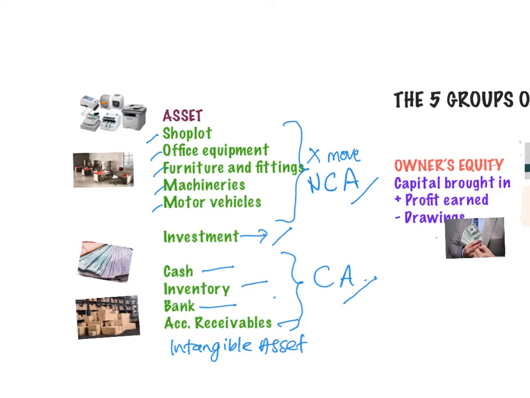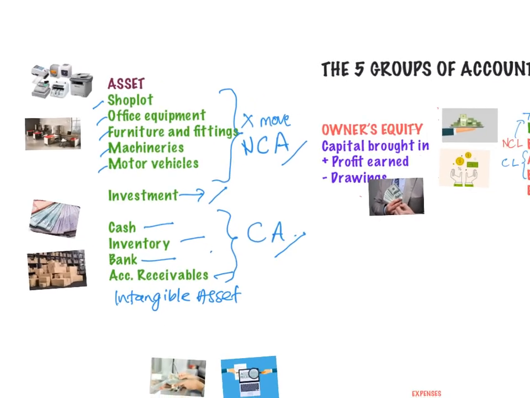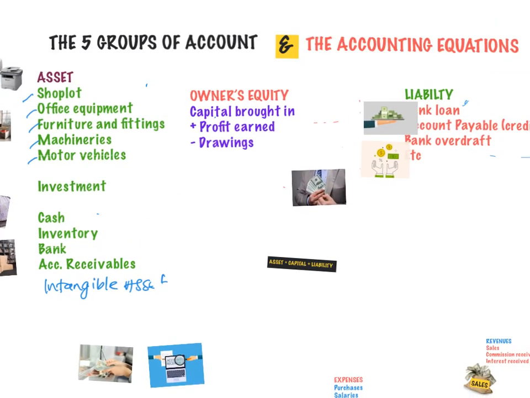Now we are going to see how we are going to put this together. That is your 3 groups of account here, which are your asset, your owner's equity, and your liability, and then we can form the accounting equation. Nice, isn't it?